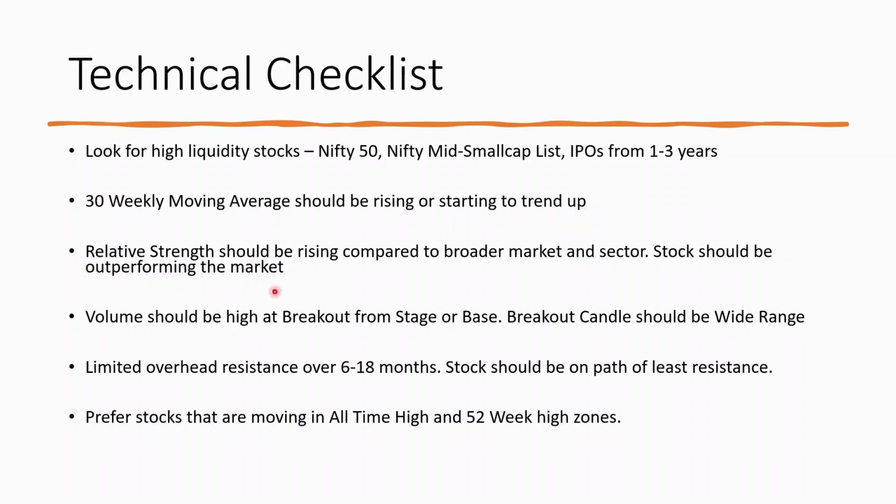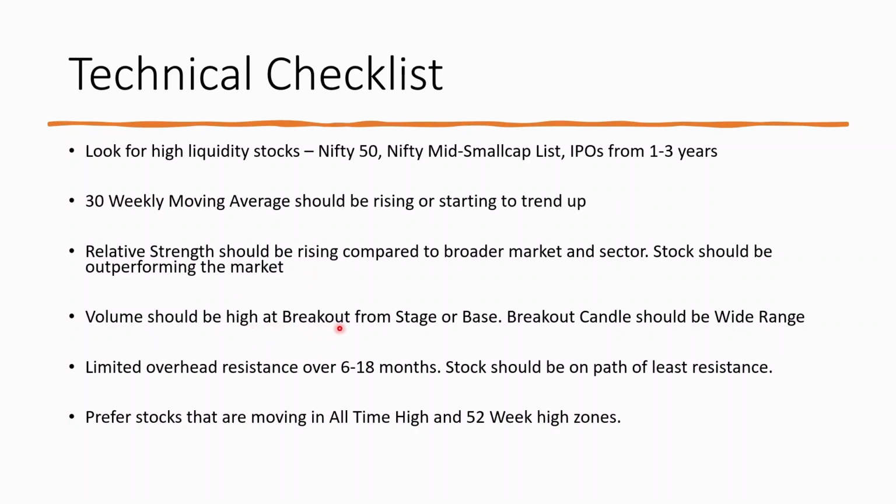Third, relative strength should be rising compared to the broader market and sector. Stocks should be outperforming the market. So we only want to participate in stocks that are outperforming the broader market. For this, the best tool to check is the relative strength line. And in case it is rising, that gives us confirmation that the stock is actually outperforming the broader market.